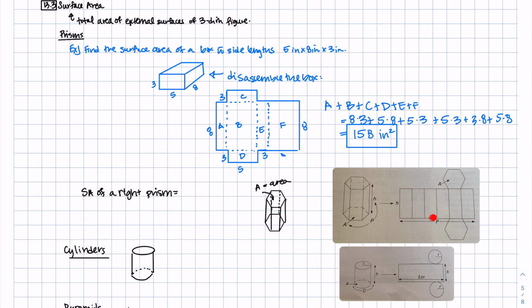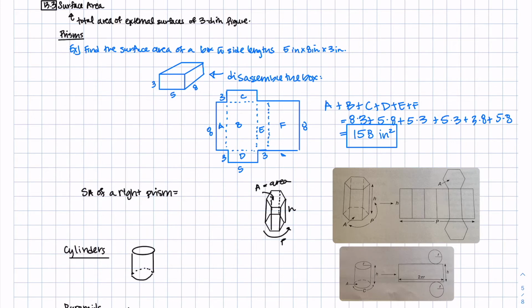And so the length of this rectangle will be the perimeter of whatever polygon this is. That's what this P is. And then the width will be the height. Okay, so this is the height and this is the perimeter.